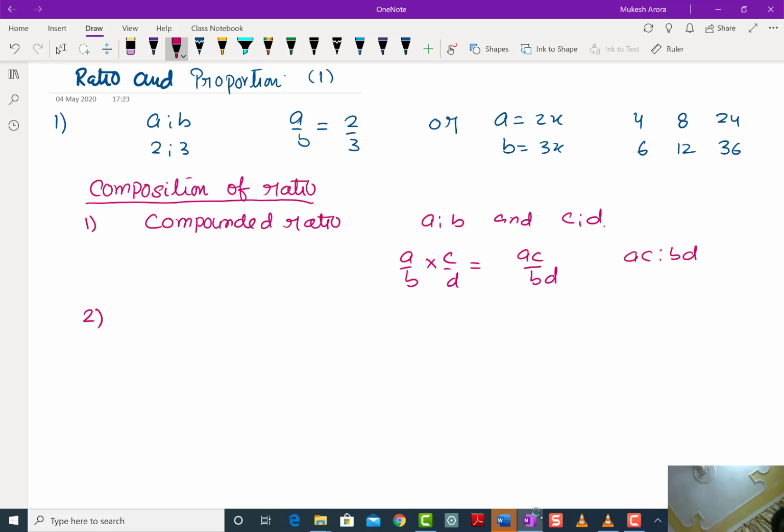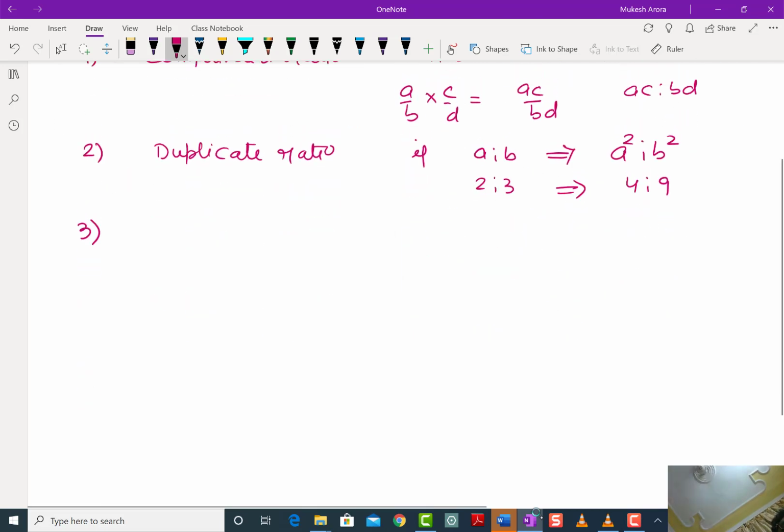Then we have duplicate ratio. If the ratio is A ratio B, then the duplicate ratio will be A square ratio B square. Like 2 ratio 3, the duplicate ratio will be 4 ratio 9.